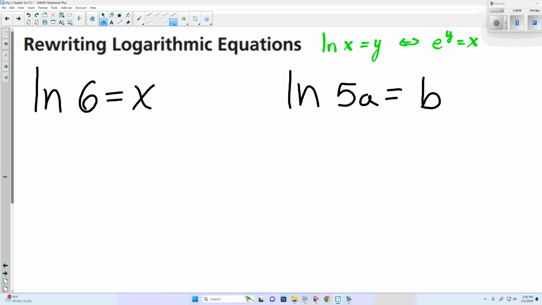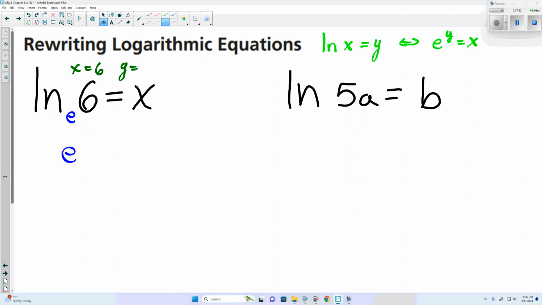So when we have the natural log of 6 equals x, if we rewrote this first one in exponential form, we would have e to the what? Because our base is understood to be e. Now, our x and y are going to seem a little weird. X is inside the parentheses, so its spot corresponding to the general form would be our 6.